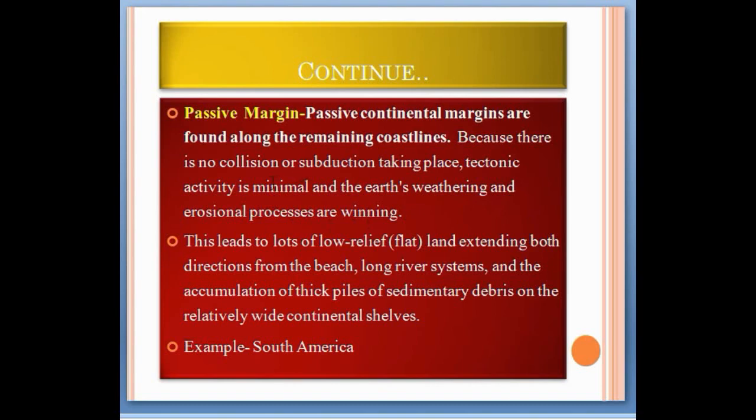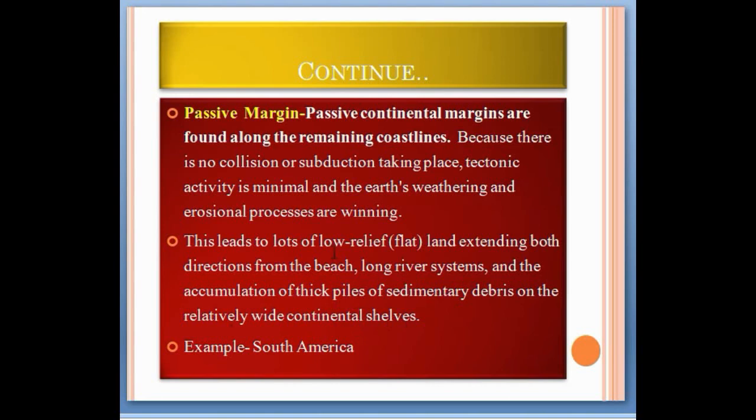So a passive continental margin is reshaped by weathering and erosional processes, and tectonic activity is very minor here, because no subduction or plate collision occurs. This leads to lots of low relief flat land extending in both directions from the beaches, long river systems, and the accumulation of thick piles of sedimentary debris on the relatively wide continental shelves.